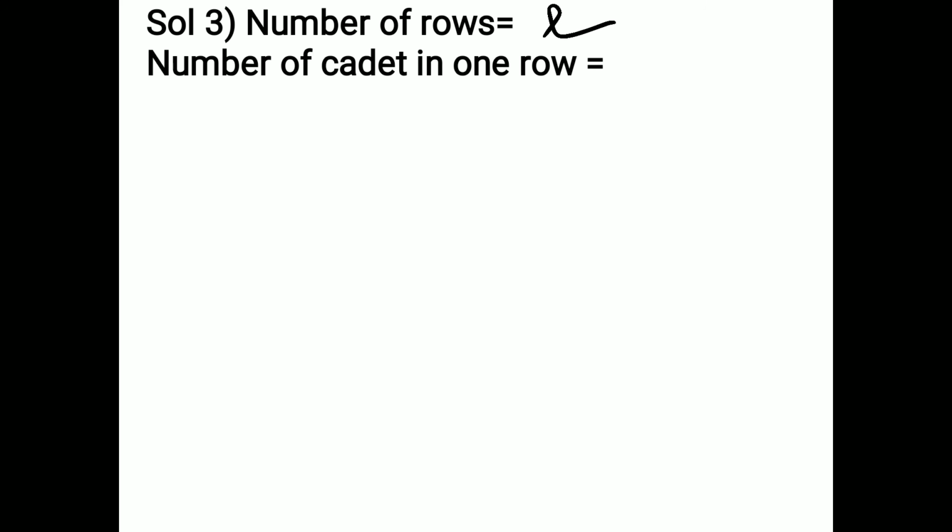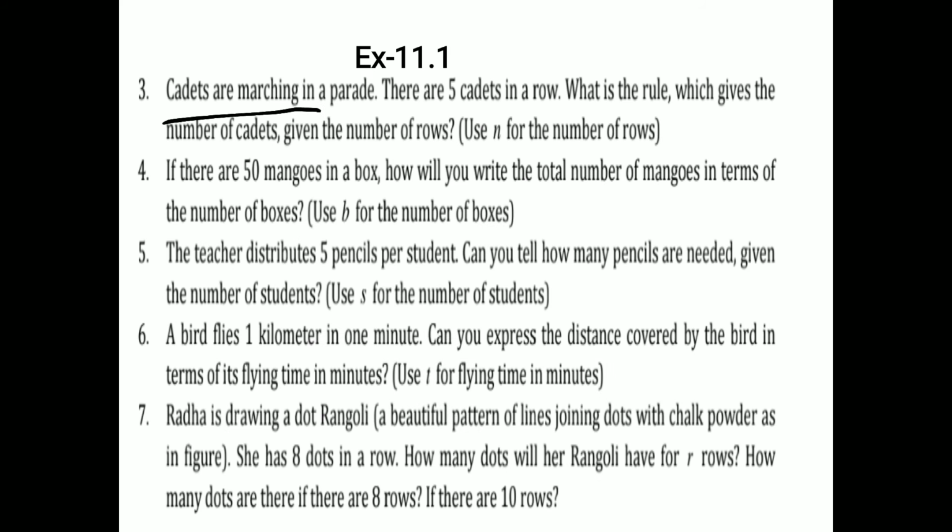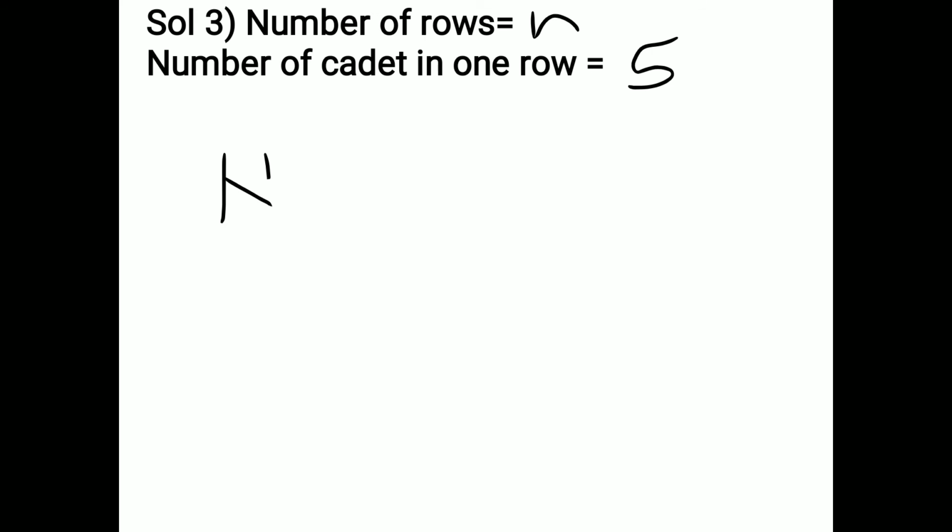And the number of cadets in one row is 5. So there are n rows and the number of cadets in one row is 5. They are asking for the total number of cadets, and that is 5n.